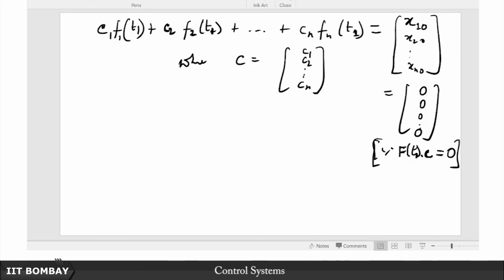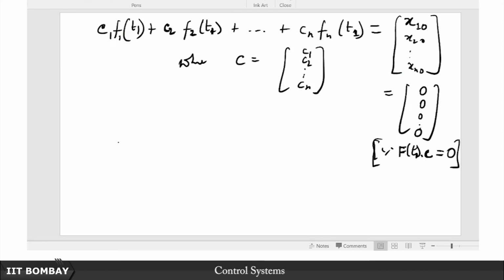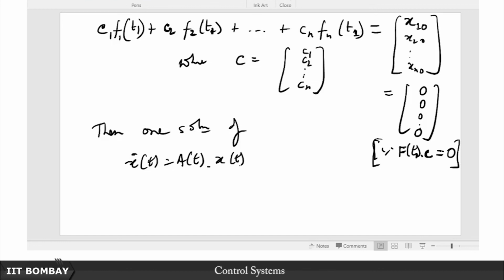So remember, if this is an ODE, and its initial condition is 0, then what is a trivial solution for this system of differential equation? So one solution of x dot t is equal to A xt with x 0 is equal to 0 0 0 0 is xt identically equal to 0.